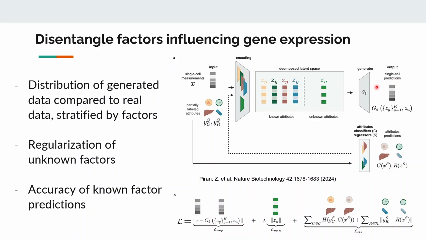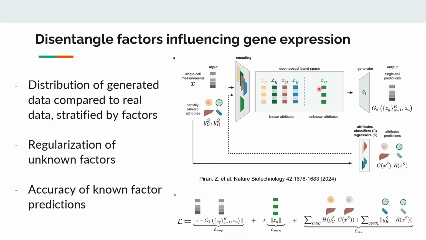And at the end, the people that develop these techniques are going to analyze, for each cell, the dimensions of the unknown attribute that correspond to those cells, and try to make sense of the biological interpretation of these unknown factors. So this is one application where you can use generative AI to disentangle several factors from your omics data.